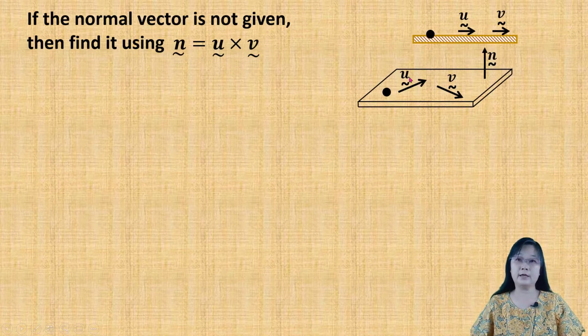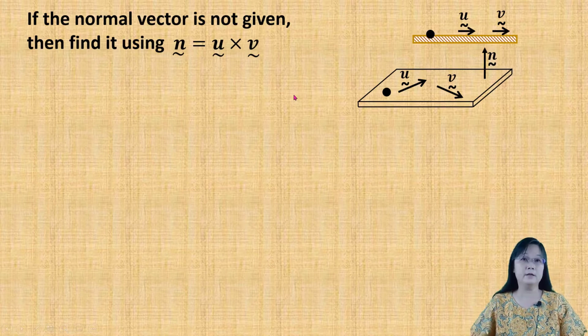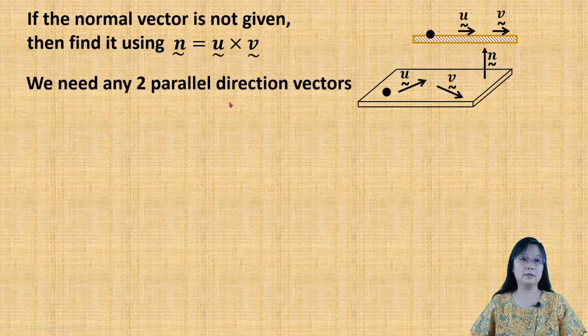When direction vector u is multiplied with direction vector v, the vector product is a vector which is 90 degrees to the plane. This vector can be taken as the normal vector of the plane. So generally, if we want to find the normal vector, we need two direction vectors parallel to the plane.